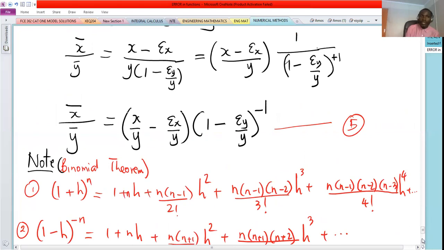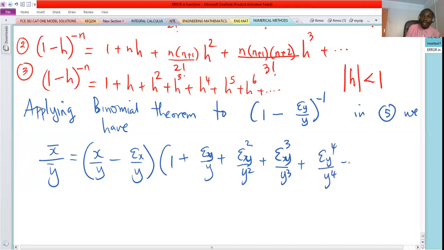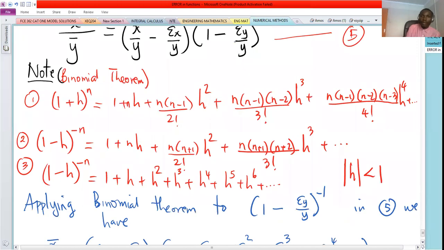So using this third version, we'll have 1 plus error in y over y plus error in y squared over y squared plus error in y cubed over y cubed plus error in y power 4 over y power 4 plus other terms. So I'm simply applying the third case of binomial theorem to this term here.